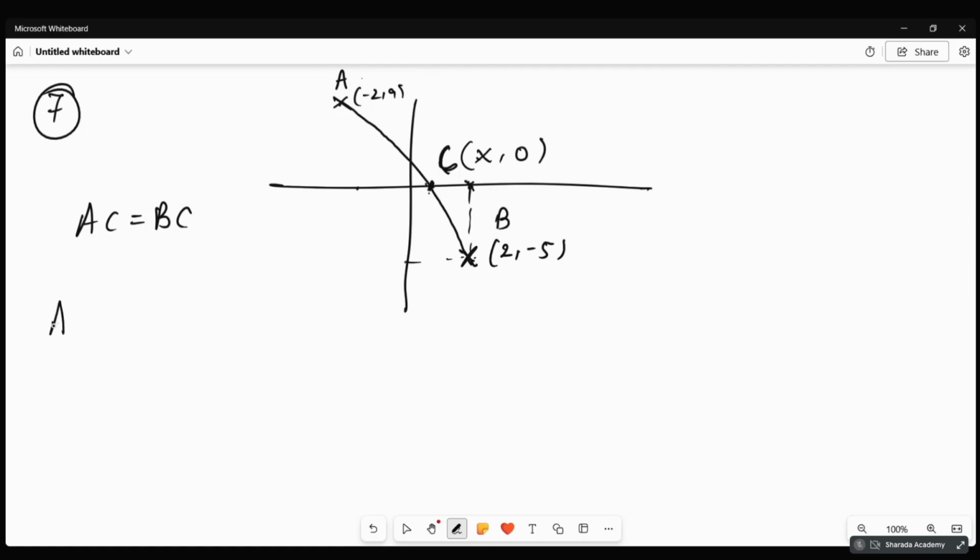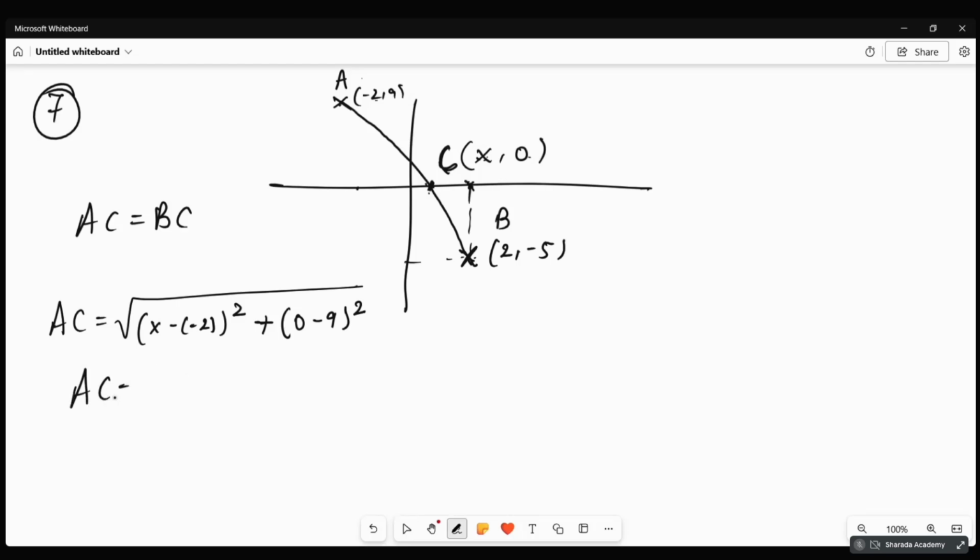First find AC. AC is equal to what? Listen, these questions they will ask in the exam. Important. AC is equal to the root of x minus of minus 2 whole square plus 0 minus 9 whole square.